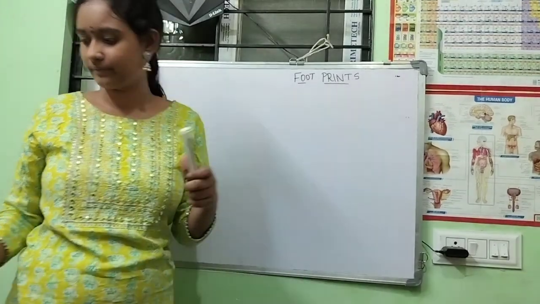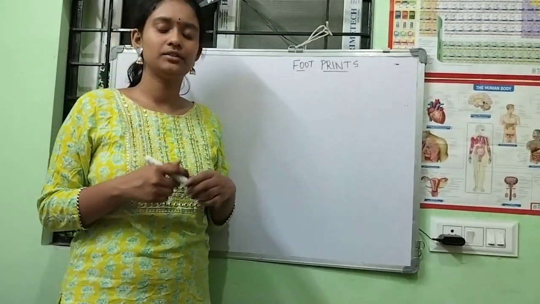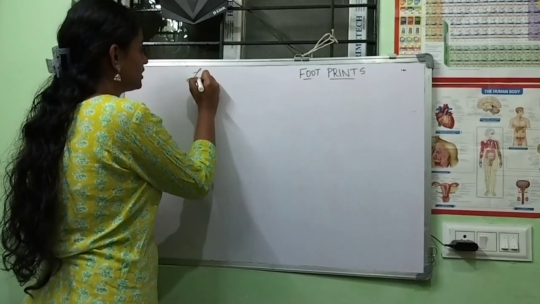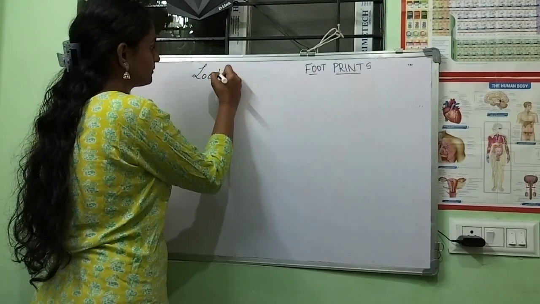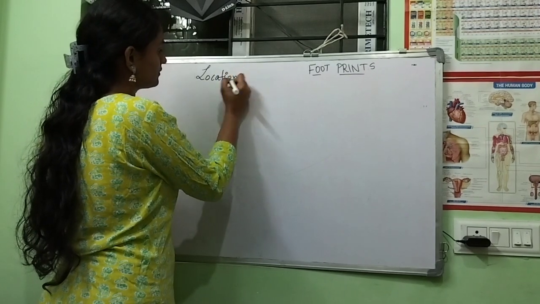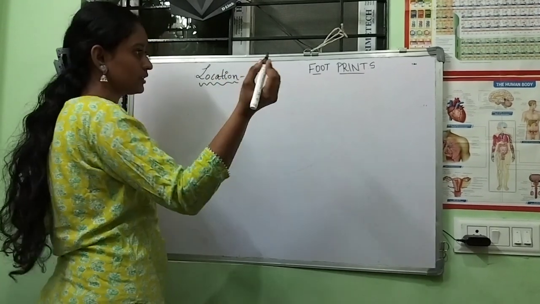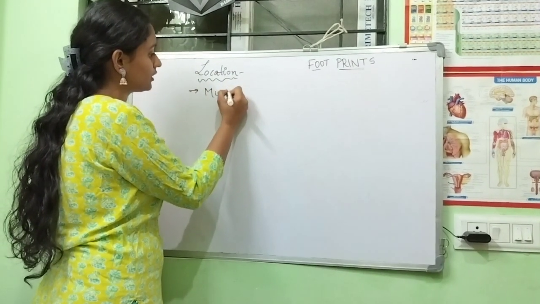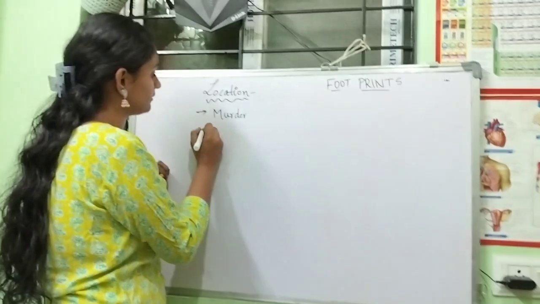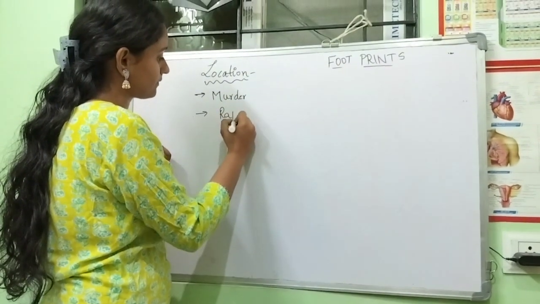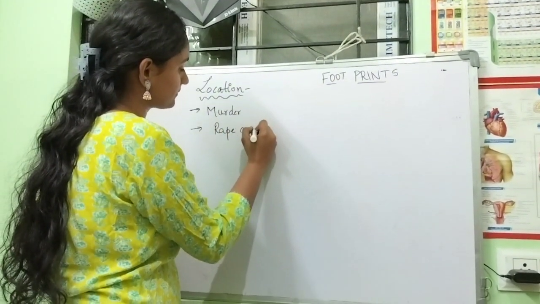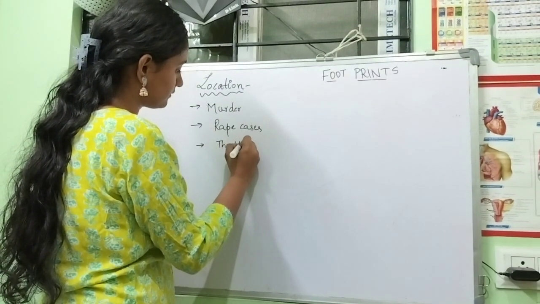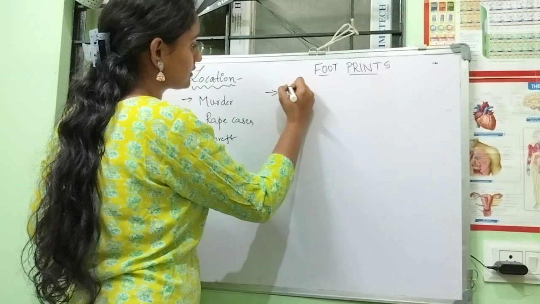Now we have to see where these footprints are found. It is based on the location. So where do you normally find footprints? First one is murder, on a road. Rape cases. In theft. In robberies.